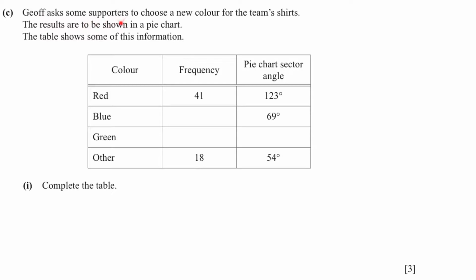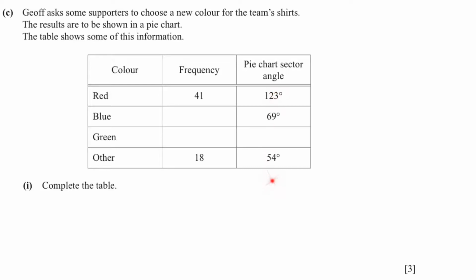Geoff asked some supporters to choose a new color for the team's shirts. The results are to be shown in a pie chart. The table shows some of this information. So this is the color, the frequency, and the pie chart sector angle. You know, angle at a point is equal to 360 degrees.